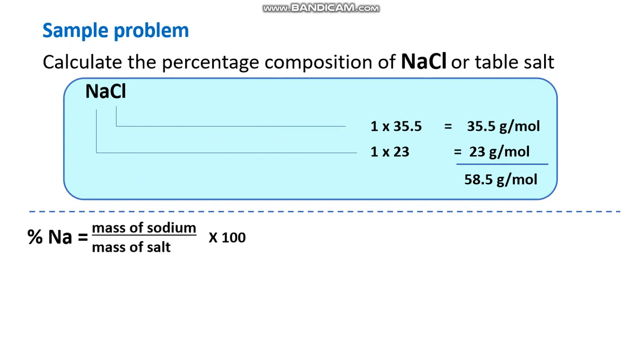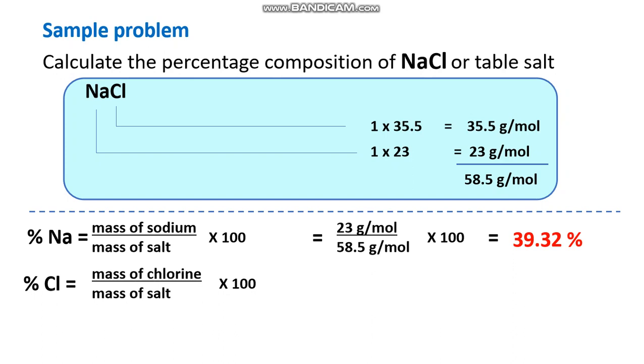And third step, identify the percent composition by dividing the mass of the element by the total molar mass of the compound. So the percentage of sodium is equivalent to the mass of sodium divided by the mass of the salt, multiplied by 100. You have 39.32%.